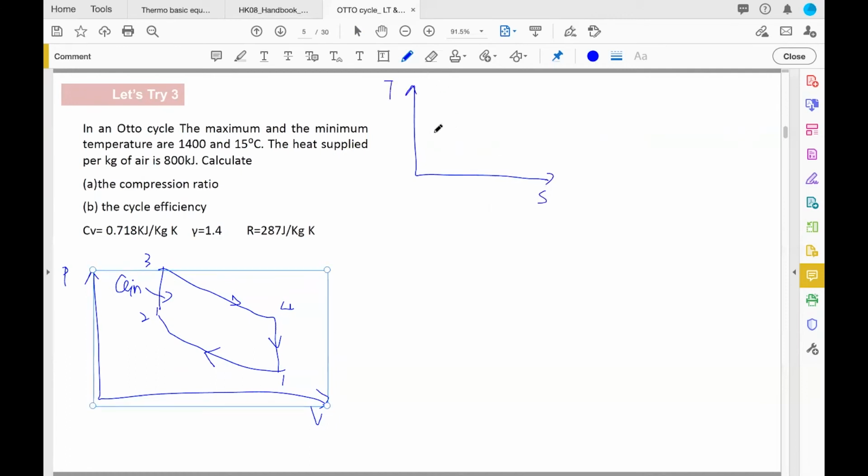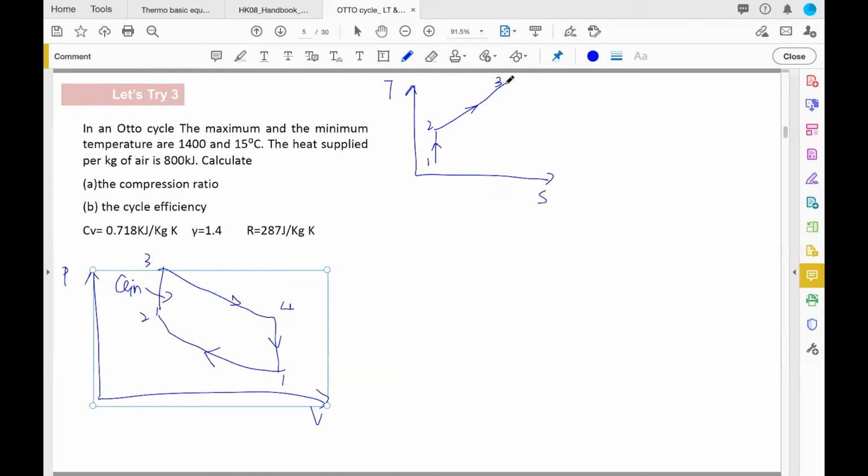TS diagram, okay. So in isentropic compression, the entropy is constant, but the temperature increases from 1 to 2. And in constant volume heat addition, heat supply, the temperature increases, so therefore you have 2 to 3 increasing.